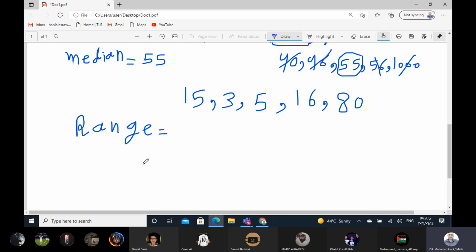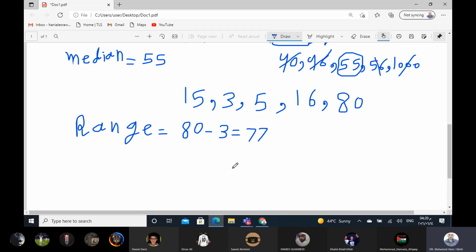So to find the range, take the big value here, 80, minus the small value, 3, will be equal to 77. The range, the difference between the smallest and the greatest value inside the data, is 77.